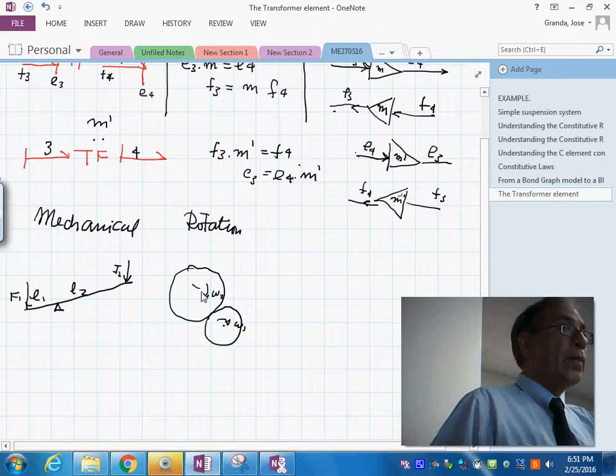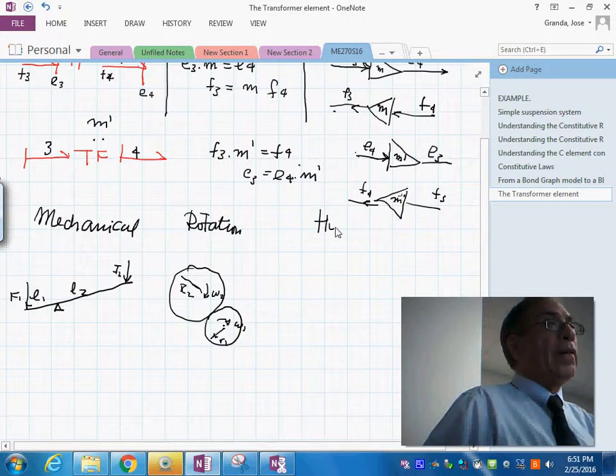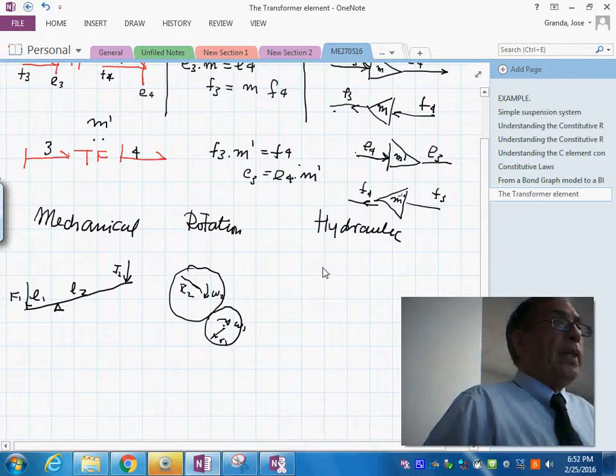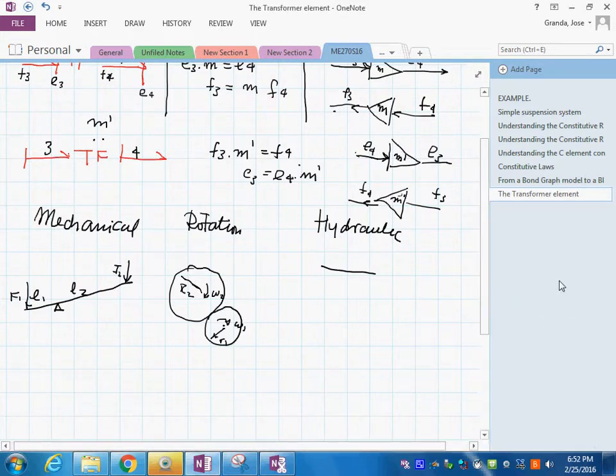If you have in here an example for this, like this hydraulic ram.